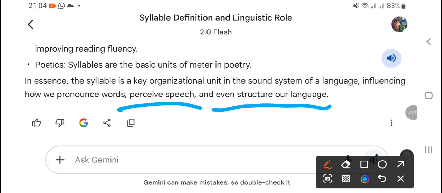So for everything, syllable is very important, right?